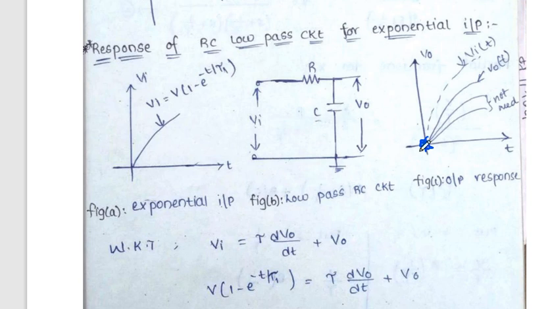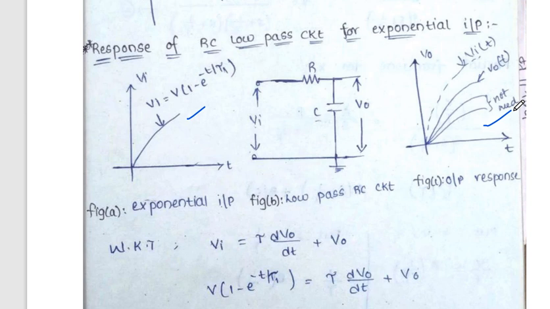Hence, the output voltage also increases exponentially. Therefore, for the exponential input signal, you get an exponential output response.